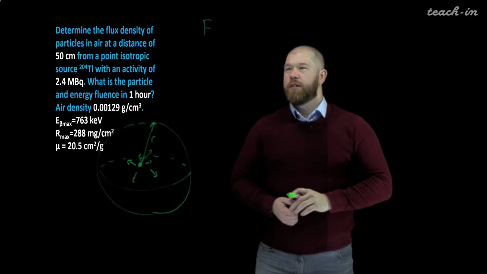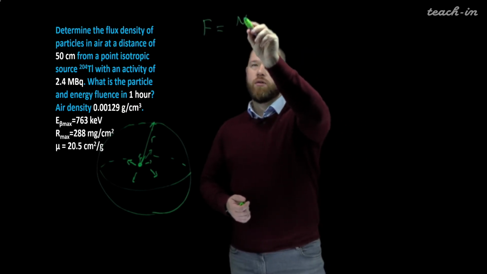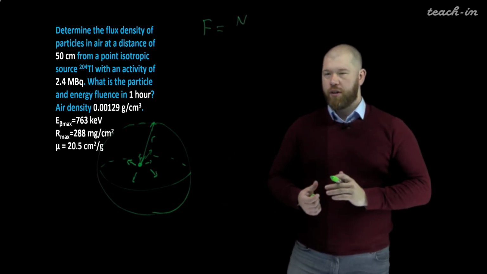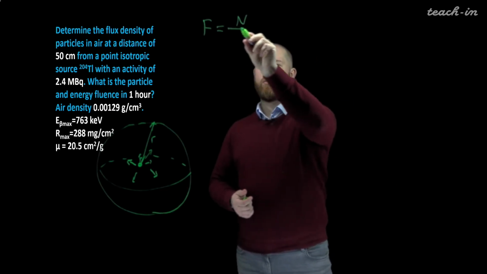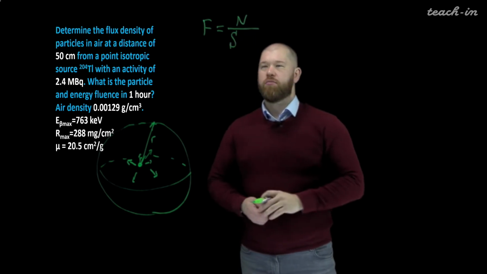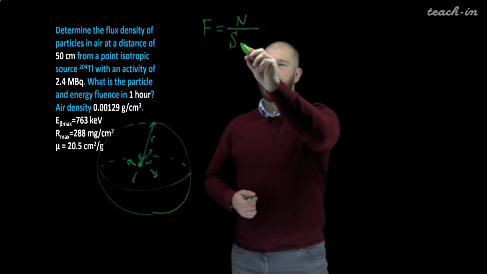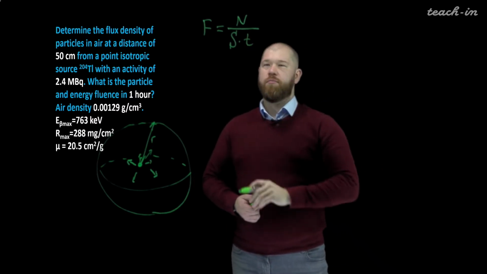So what is the flux density? The flux density is just the number of particles that is going through some surface area in some period of time.